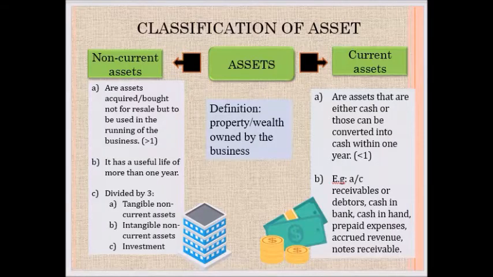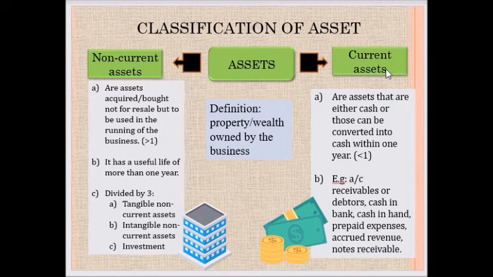Okay, so in this slide, we're going to focus on one account, which is an asset. An asset is defined as a property or wealth owned by a business. You can see that asset is divided into two categories, which are current asset and non-current asset.